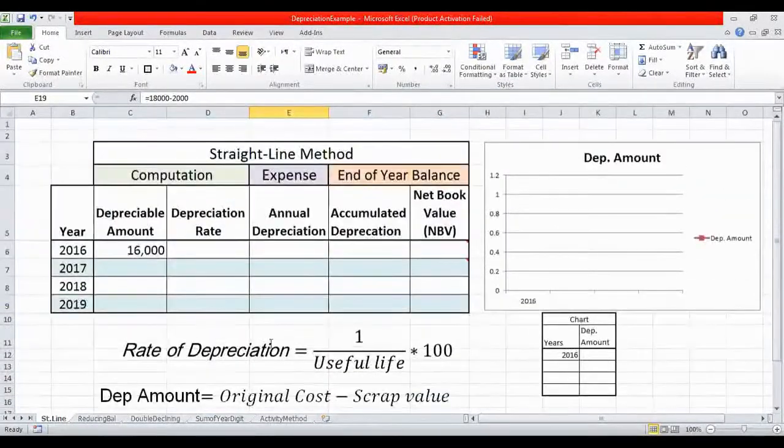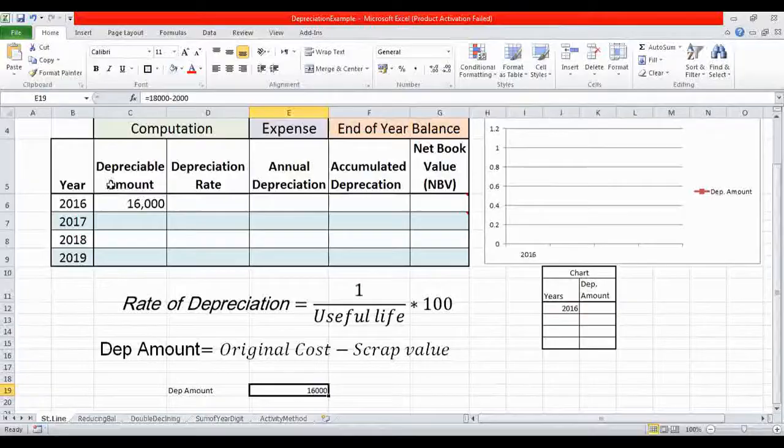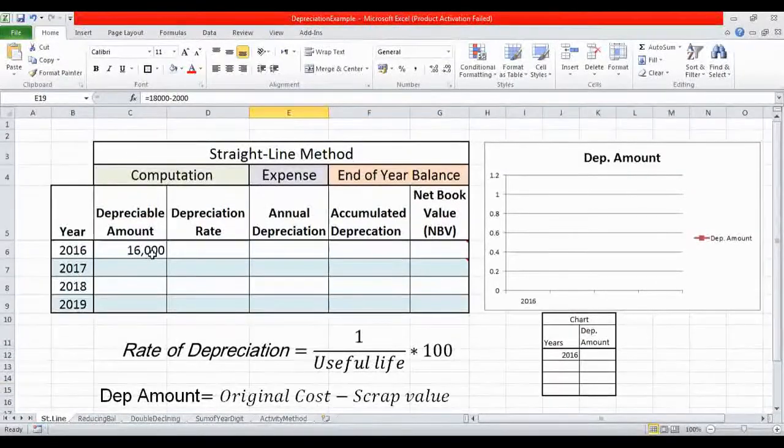This depreciable amount we will write in the first column of our schedule. In the schedule, for the straight line method, the first part is the computation part. The second part is the expense, which we are going to record in our income statement.